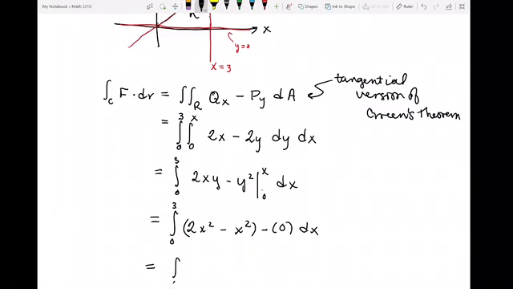So I'm just integrating 0 up to 3 of x squared dx. Well, we know what that is. That's x to the third over 3, evaluated between 0 and 3. That's 27 over 3 minus 0, which is 9. Okay? So that is our line integral over that triangle.